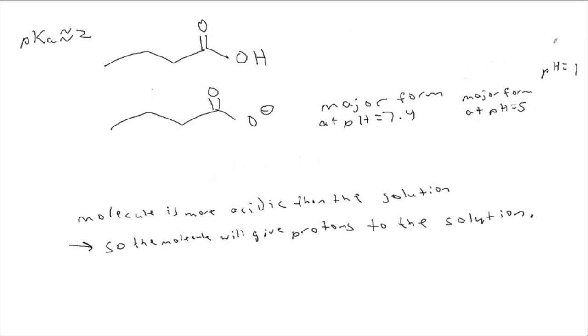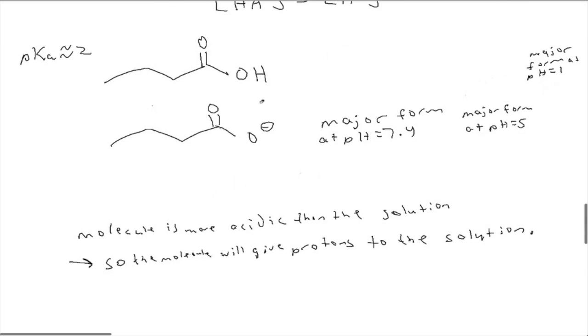The protonated version, because now the solution is more acidic than the molecule. So the solution will give protons to the molecule. So what would be the charge of the major form? Neutral. So notice that the molecule would change charge if you change the pH. By lowering the pH, you can change the charge on this molecule. Okay?